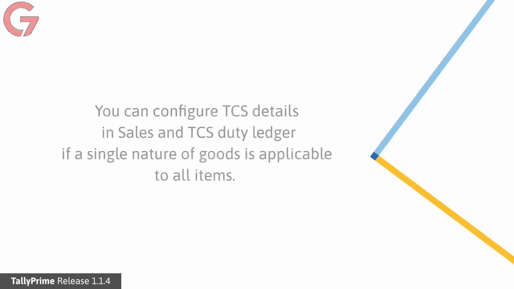If you are dealing with the single nature of goods and have multiple stock items under the single nature, then you can define the TCS details in TCS sales ledger and tax ledger. The same TCS sales ledger and tax ledger can be used for sale of all items, and tax will be calculated based on the details defined in respective ledger master.